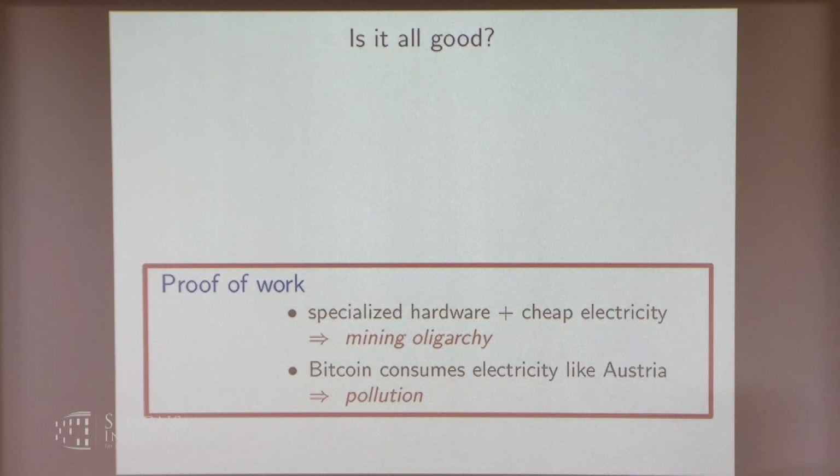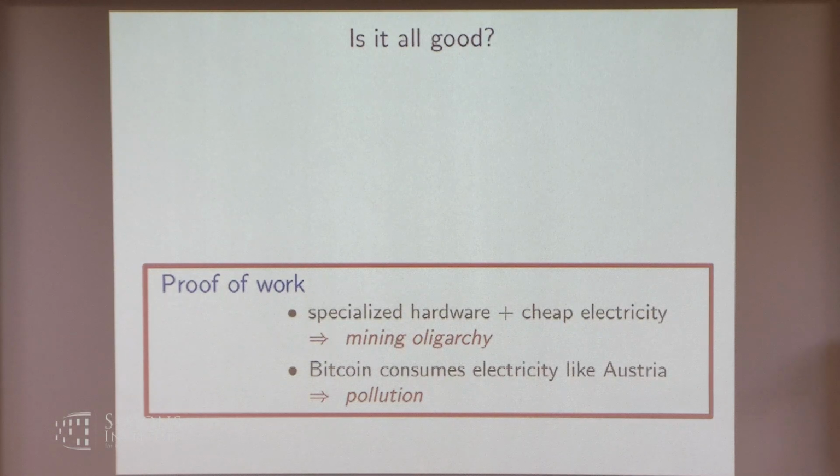None of us can mine, right? Yes. You have to generate this hardware, and you have to be close to cheap electricity. It's a monopoly of very few places in the world. It bothers a lot of people, but there are not a lot of good, rigorous arguments for why it should actually bother you.